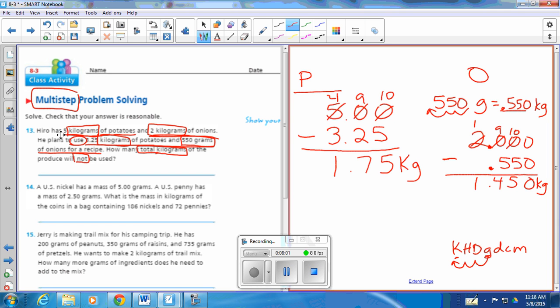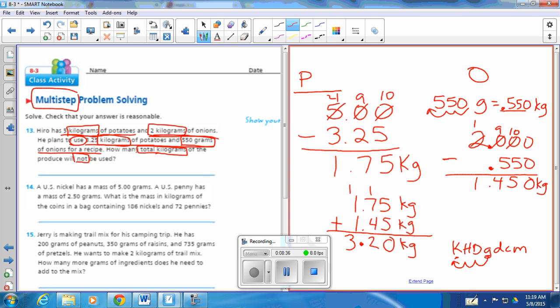All right, so now I know how many potatoes were left over and how many onions were left over. So what do I need to do next? Add both of those totals together. So I need to take 1 and 75 hundredths kilograms, and I need to add 1 and 45 hundredths kilograms. And that's going to give me a total of the produce left over. Do you agree with my math?